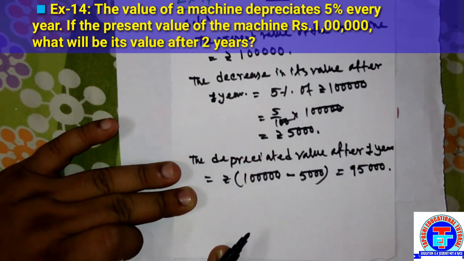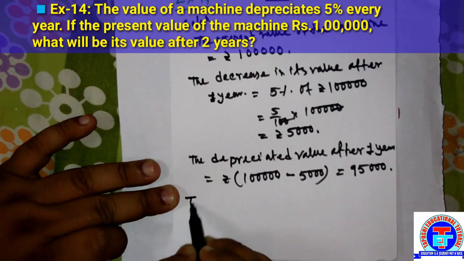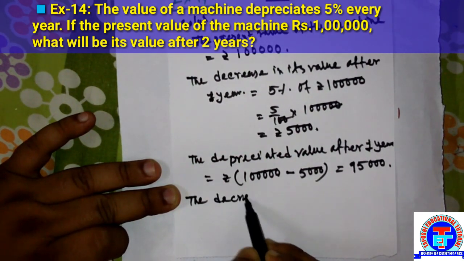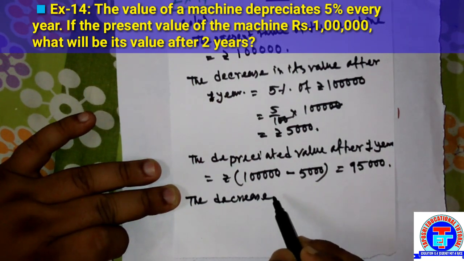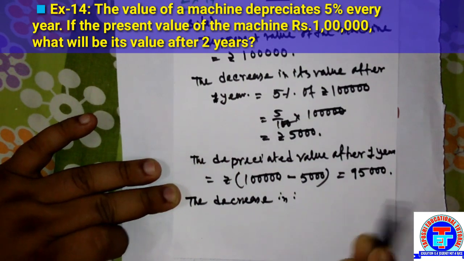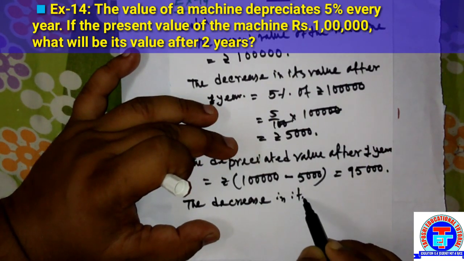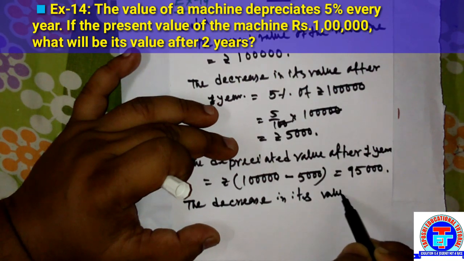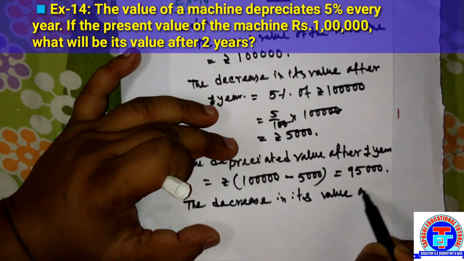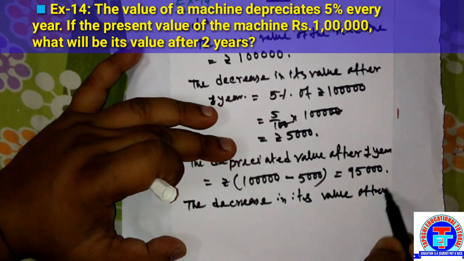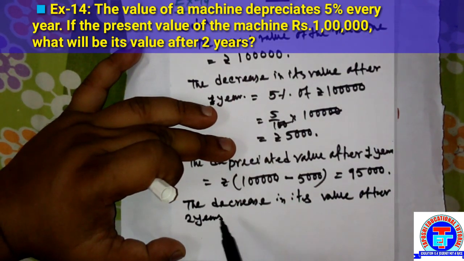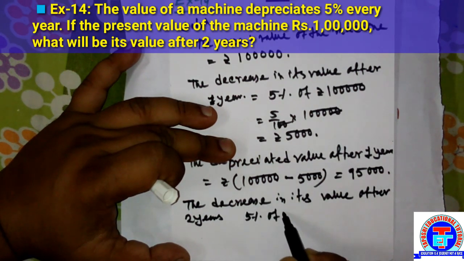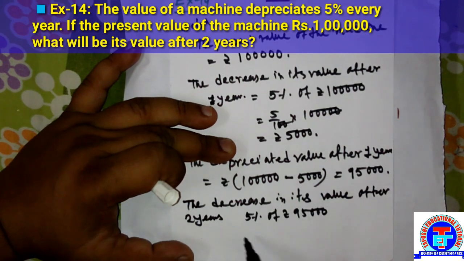Right. So the decrease in its value after 2 years is 5% of rupees 95,000.